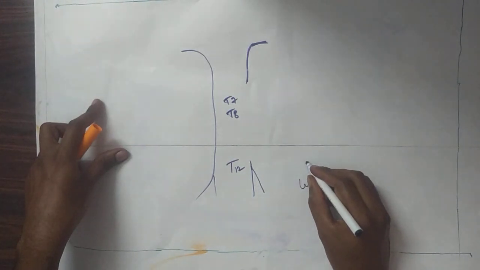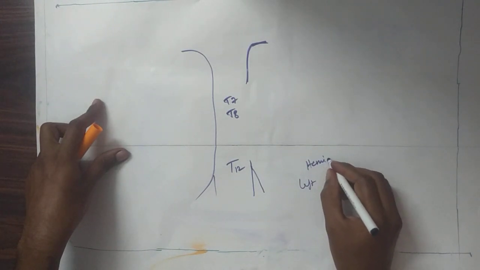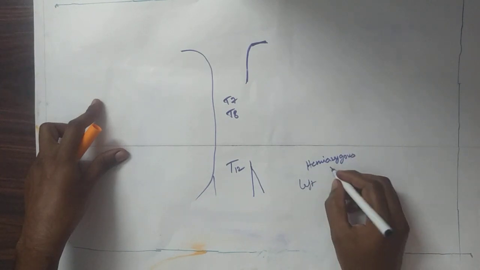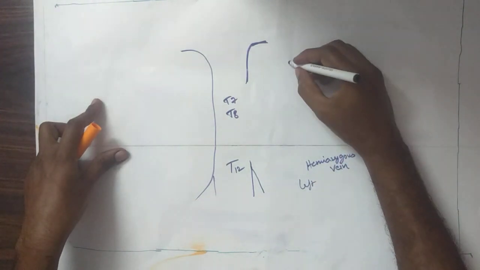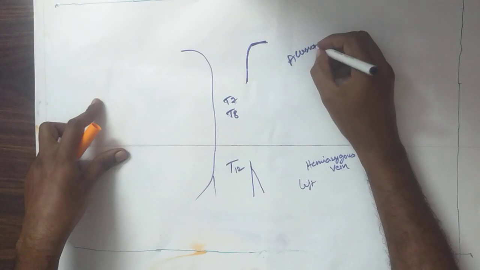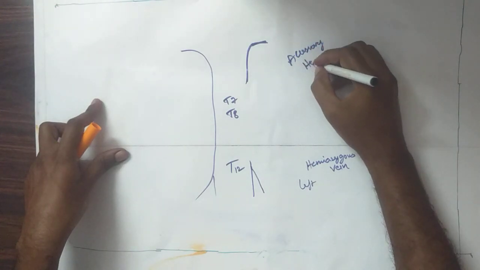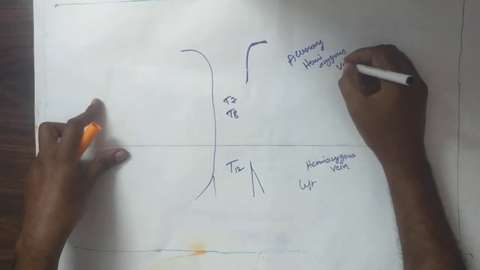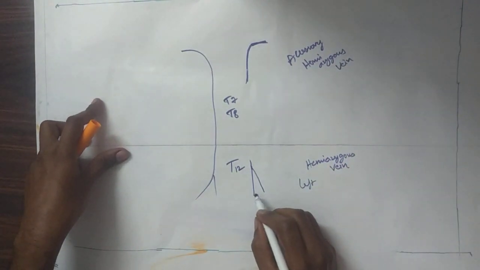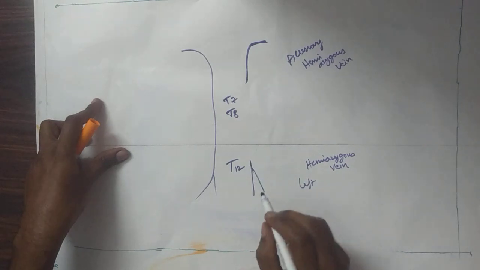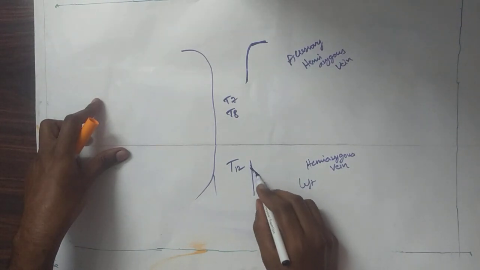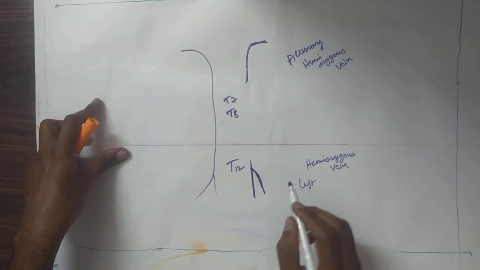So this will be your hemi-azygos vein. This is your accessory hemi-azygos vein. So how is this hemi-azygos vein formed? So this is on your left side. So same thing as how your azygos vein is formed on the right.